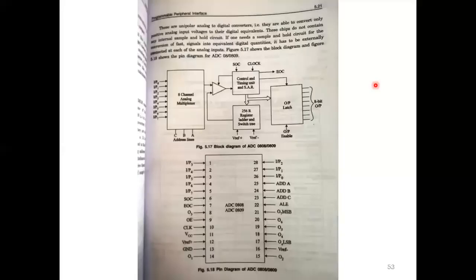First, we need to know what the successive approximation type is. The first type is the flash type, that is a direct comparator. We compare the given input analog signal with a reference analog signal. If the input signal is 2 volt, we generate 2 volt with a generator and compare it with the input signal.